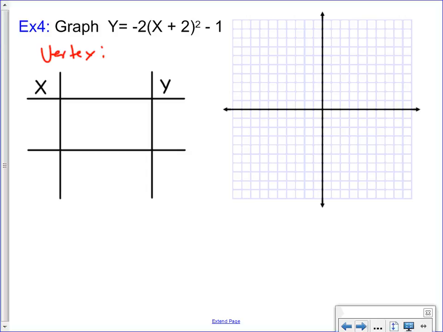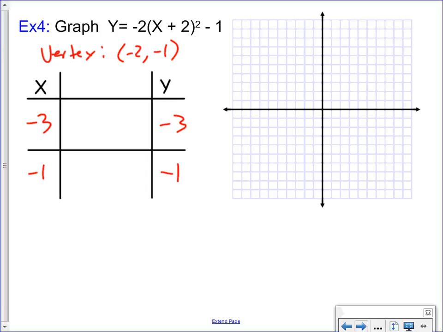Very good. 2, -1. Plug and chug. Points. Got 2 points.